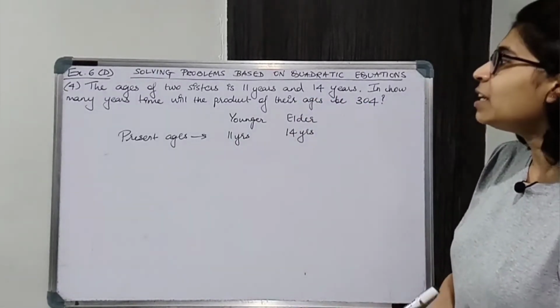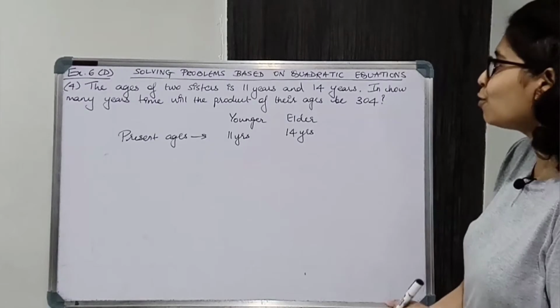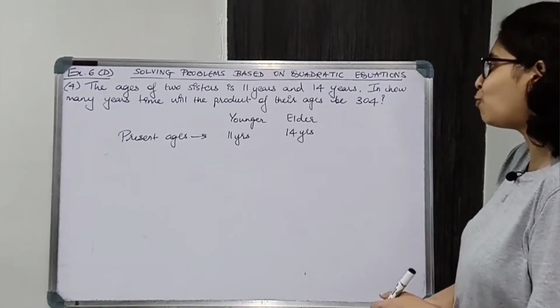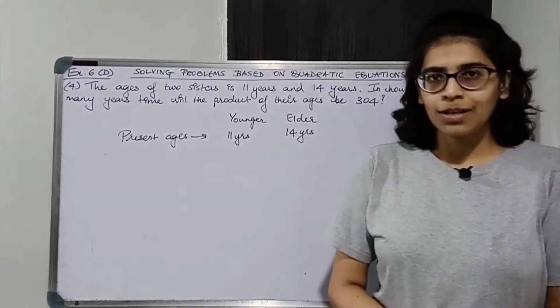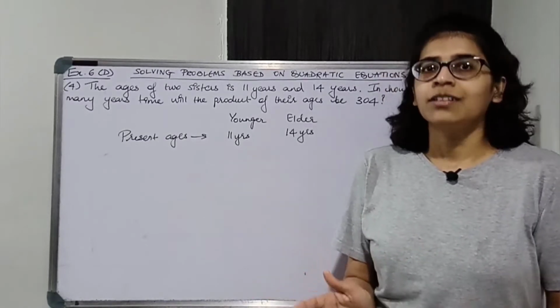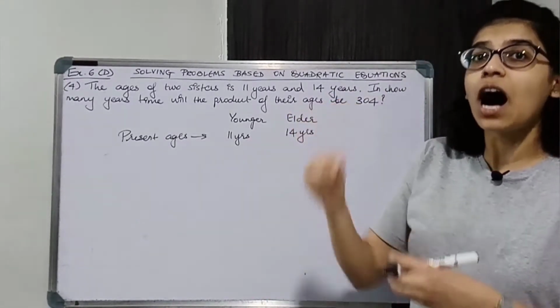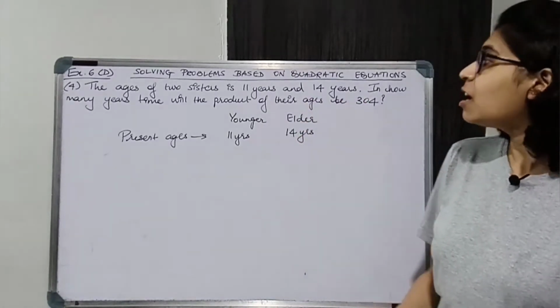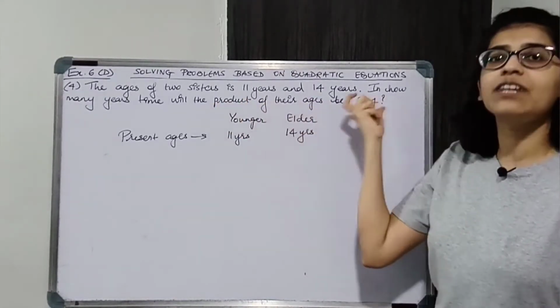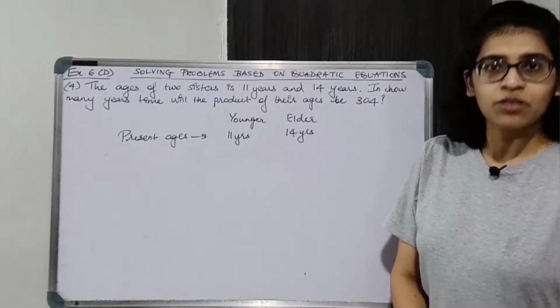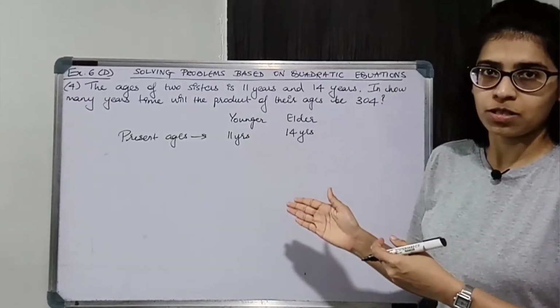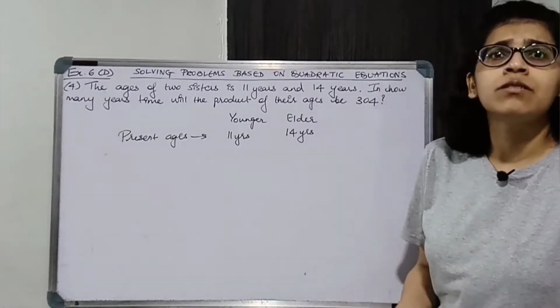In how many years time will the product of their ages be 304? Now they have not asked the ages, they have asked in how many years time, that is after how many years will the product of their ages be 304. So you are taking the product of their ages, but after how many years we don't know.